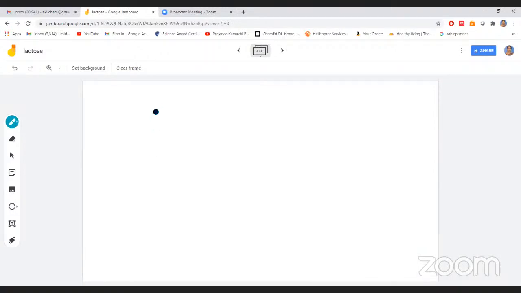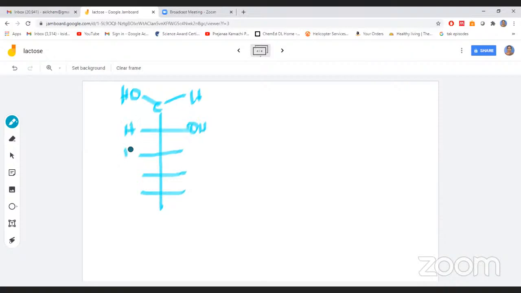As usual, we need to write it down. Because it is a beta sugar, we need to write down the beta sugar. For beta sugar, I should put OH at the left side, H on the right. As and when I write, you also write, please. Take your notebook and just keep writing, otherwise you will not have all this in mind.